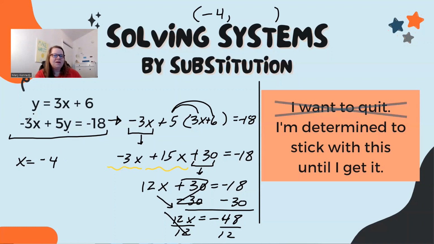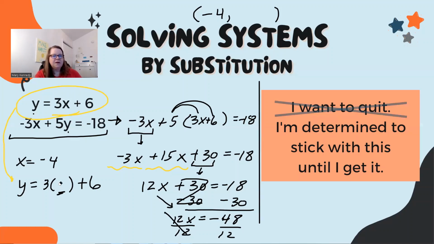And now you're going to plug into one of the other problems. In other words, you're going to substitute the value back into the original equation. To me, I would definitely substitute it back into the y equals one. That looks like it would be much simpler to do. And that's why I'm choosing it. So y equals 3. I'm going to put parentheses so that I can fill in whatever x equals plus 6.